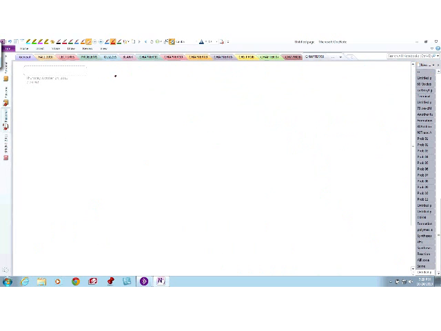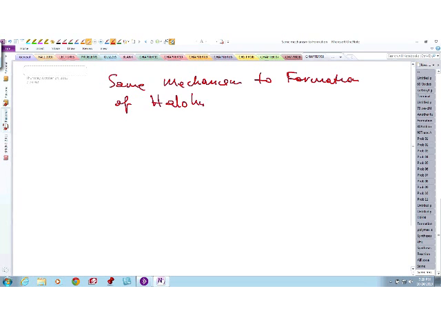Okay, now I was going to say that the same mechanism applies for the formation of halohydrin.